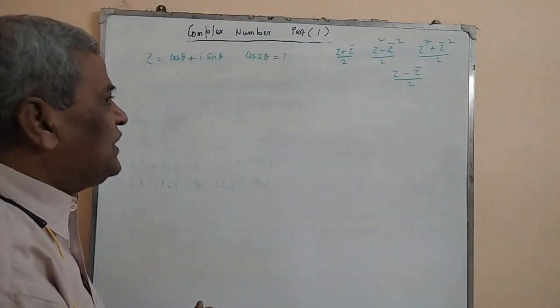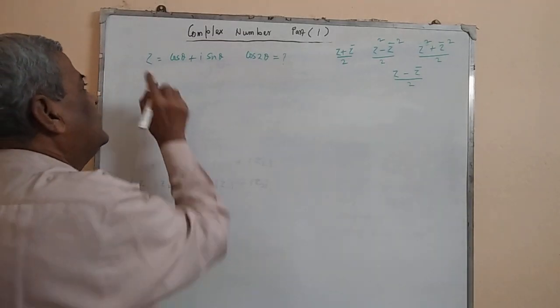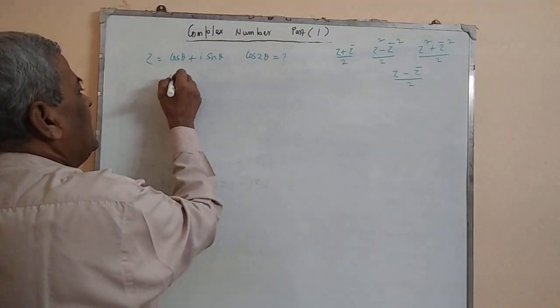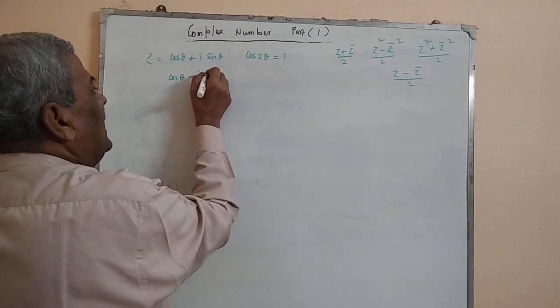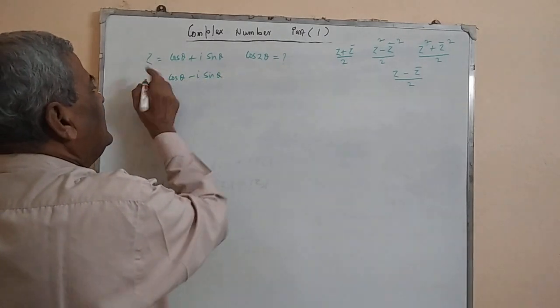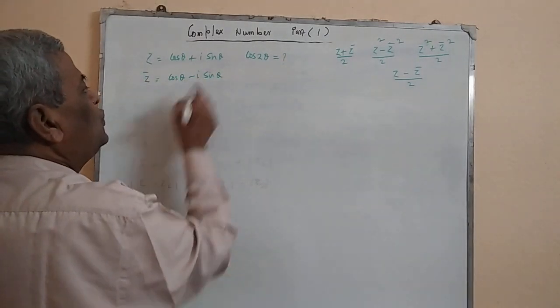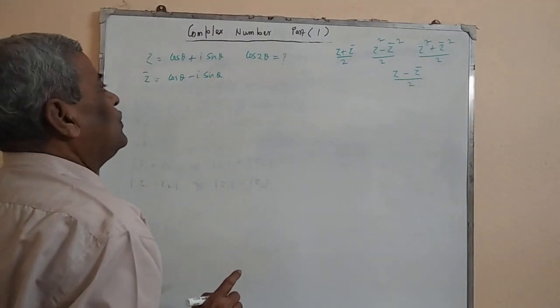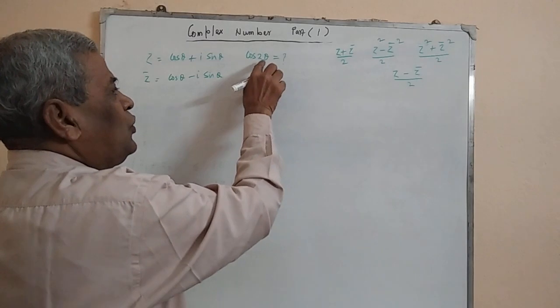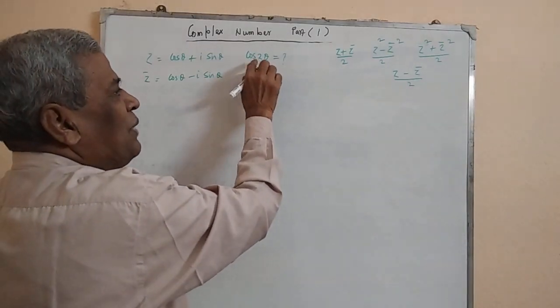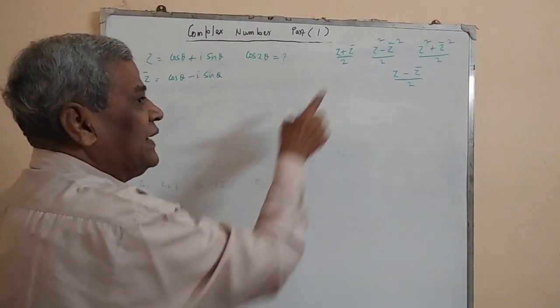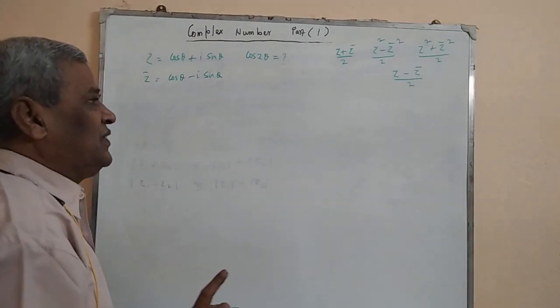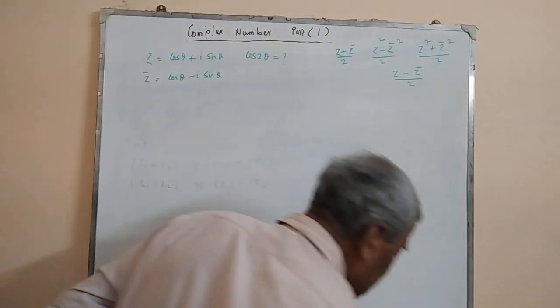Z plus z bar by 2: z is this, z bar is cos theta minus i sin theta. In z plus z bar by 2, sin theta will be cancelled. It is equal to cos theta, but not cos 2 theta. We have to find the value of cos 2 theta in terms of z, z bar, etc. So the first option is not correct.